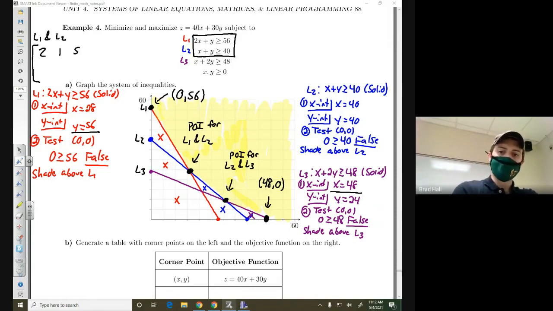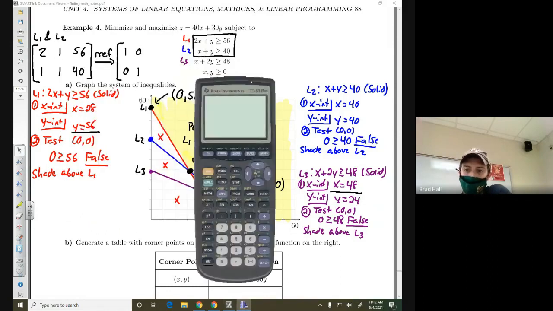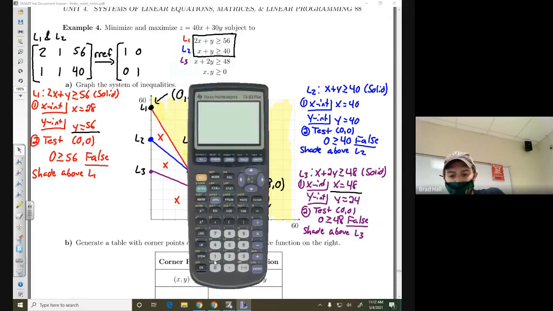And as an augmented matrix, we have exactly this, just taking the numbers and bringing them straight to a matrix. And so we can go ahead and apply the RREF command to figure out what the point of intersection is. So this is a 2x3 matrix.